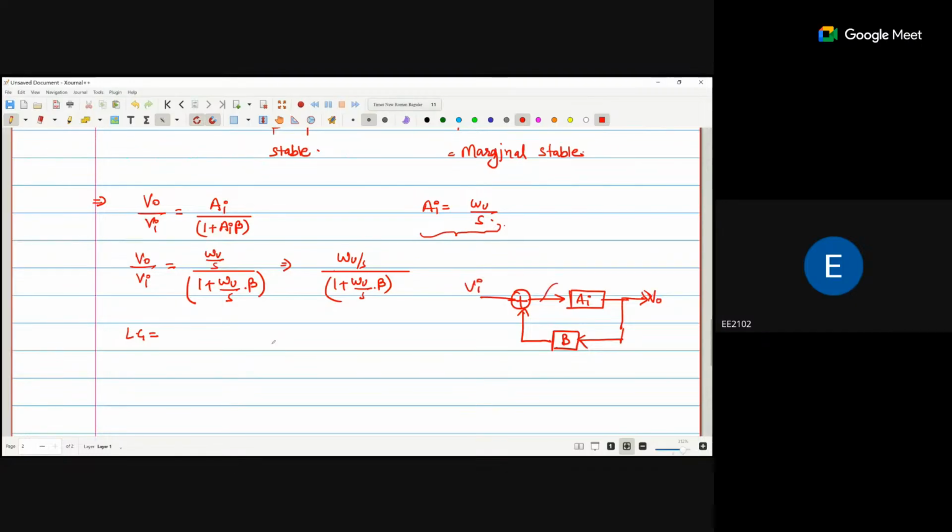Okay, this is the loop gain. This one is the loop gain. So it is Ai times beta.